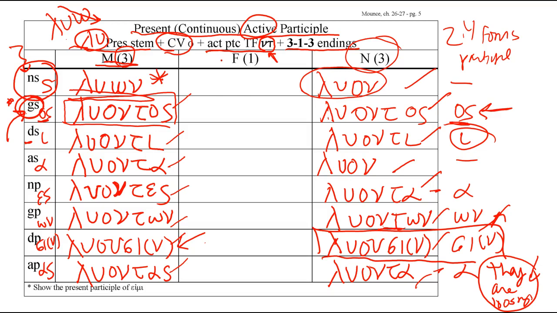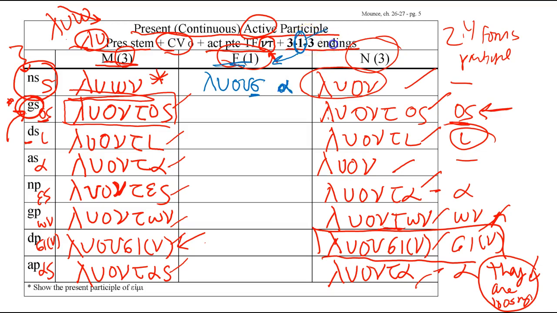Now let's go over the feminine forms, and I'll use a different color ink. Notice that the feminine forms use the first declension endings. So the stem is going to be lu, the connecting vowel is o, and it's this sigma plus the connecting vowel that's going to tell you that this is a participle. And so whatever the first declension feminine endings are, you want the endings that attach to a stem that ends with a sigma. So that would be alpha.